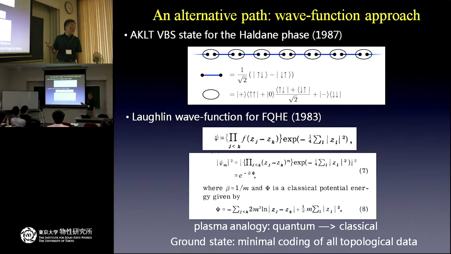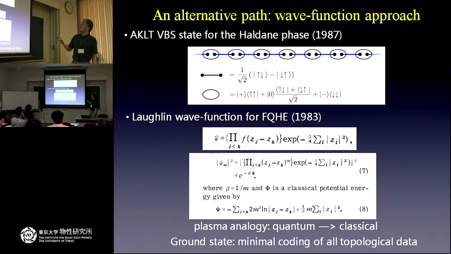As you know, in the one-dimensional case, we have the famous Affleck-Kennedy-Lieb-Tasaki valence bond solid states for the Haldane phase, which is quite successful in describing the topology of the Haldane gap phase.